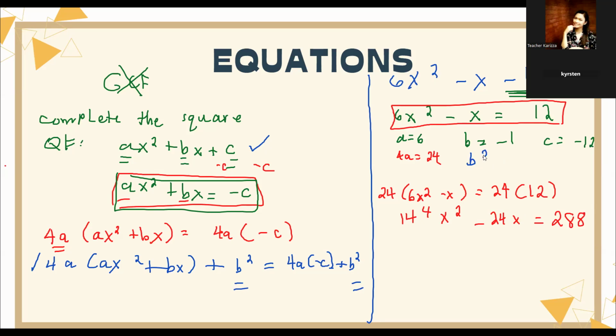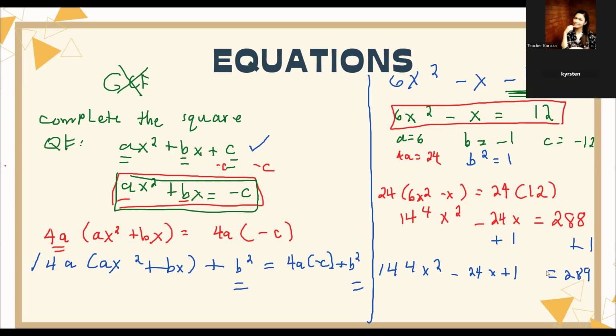So here, b squared is negative 1 times negative 1 or positive 1. So lastly, we just add 1 to both sides. Add 1, add 1. We get 144x squared minus 24x plus 1 is equal to 289.